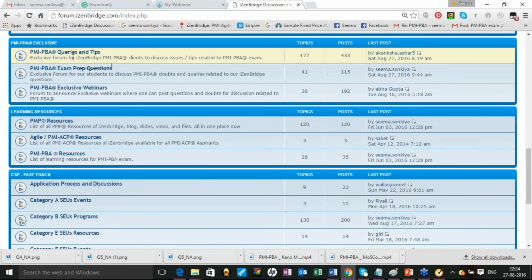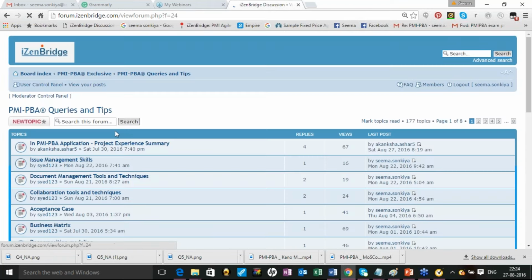Whenever you are preparing for the exam, you can use queries and tips if you would like to discuss some query. An important point to note is that the forum is a good knowledge base. So create a new topic for each question. Please do not combine more than one question in a single thread.